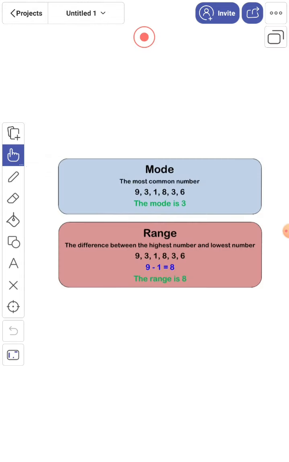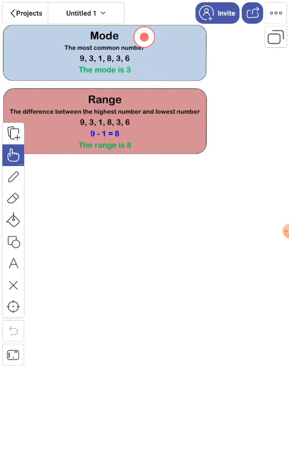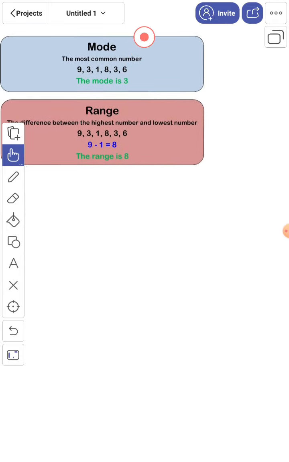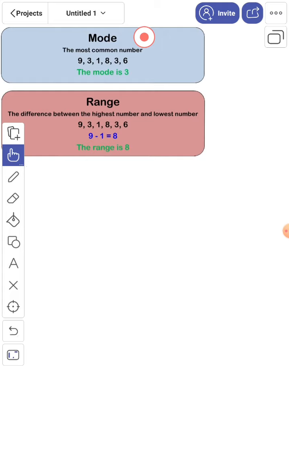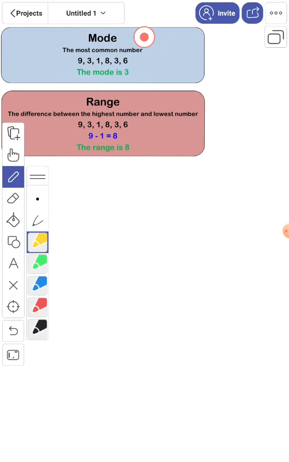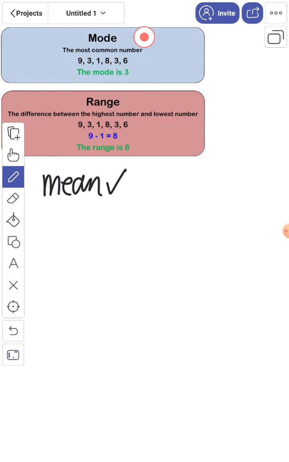Okay, so now let's talk about mode and range. We talked about mean, also known as average, right?